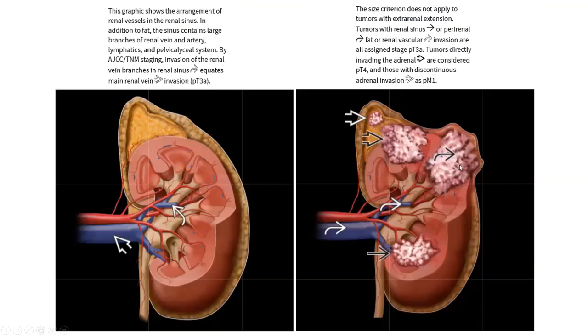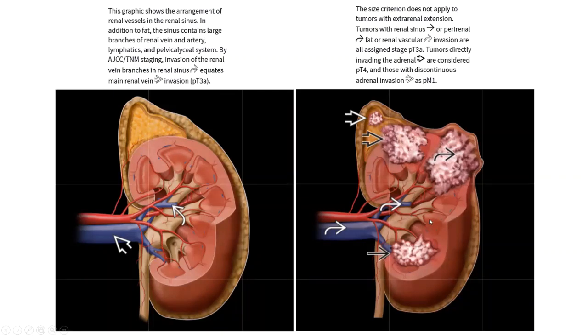This particular illustration shows you the various relations that a renal tumor may have in relation to the kidney and the corresponding effect on the stages. If you see the image towards the right, you can see various scenarios. You can have a tumor which invades through the capsule into the perinephric fat, or the same tumor might invade the renal sinus. It might even involve the renal vessels situated at the level of the sinus.